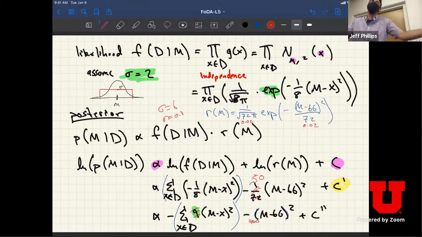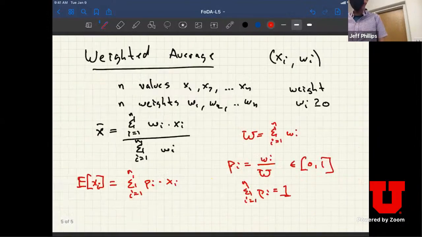And that might change the estimate based on what the data is. So this weighted average is the solution.